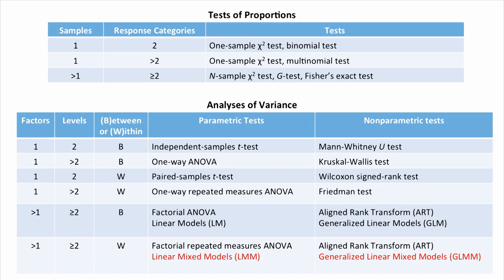Here we are at our table of analyses, and we've reached the last row, where we've highlighted linear mixed models and generalized linear mixed models. We used linear mixed models to analyze words per minute data, or text entry speed data, from our mobile text entry study of 2 keyboards and 3 postures.